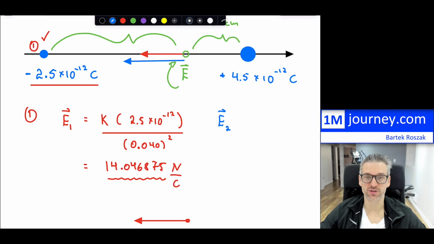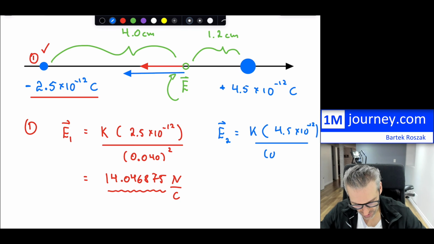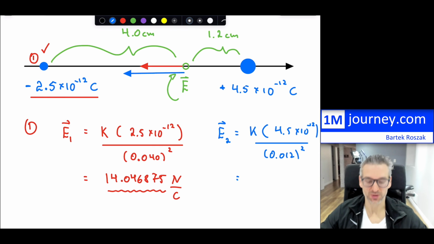And let's try to find the magnitude. The same thing: K, this is going to be 4.5 times 10 to the negative 12 divided by, and now this is 1.2 centimeters, so 0.012 squared. And we can compute exactly what this is. Let me do that.